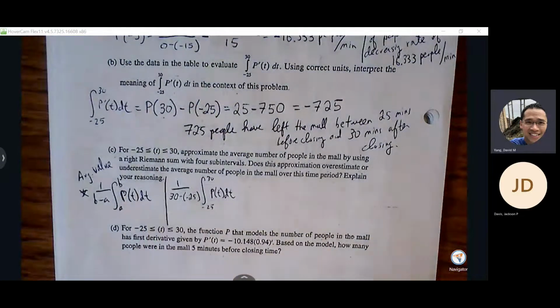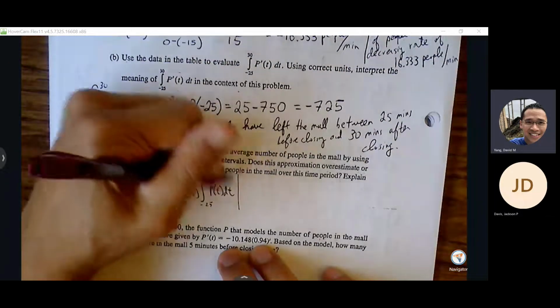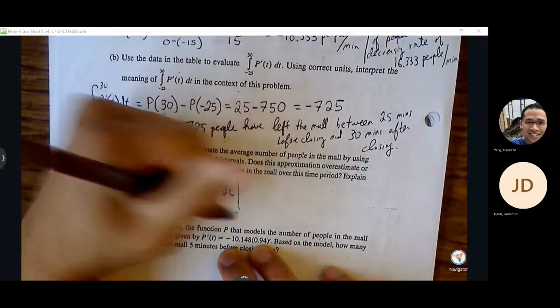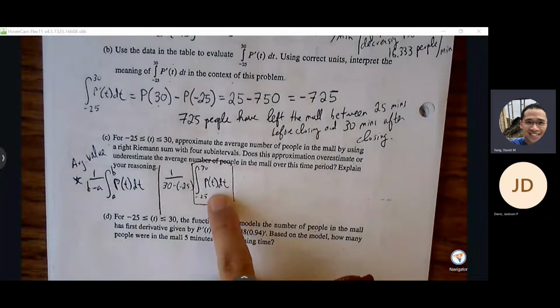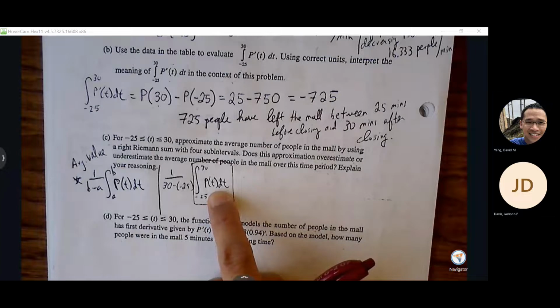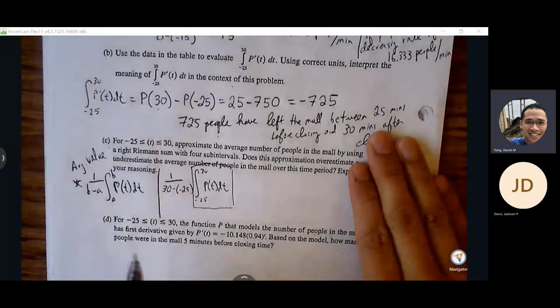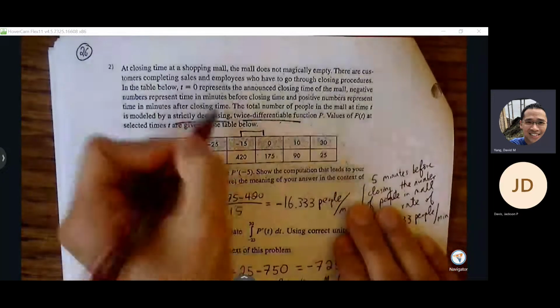Okay, so this coefficient is going to stay. What we're going to do is use a Riemann sum to replace this value. So we'll find the area under the P of t graph, width times height for each of our subintervals here.